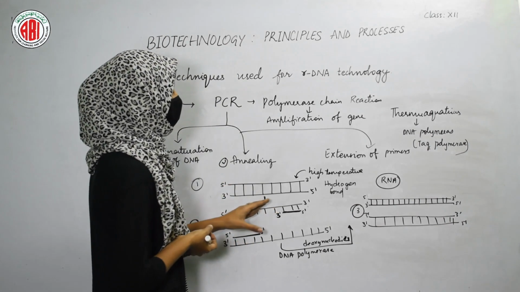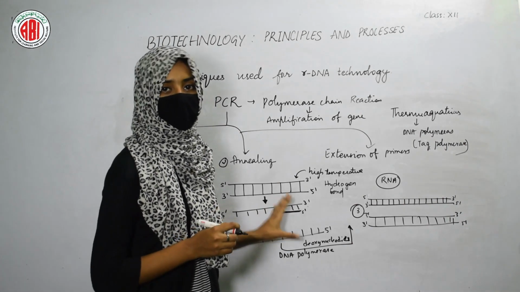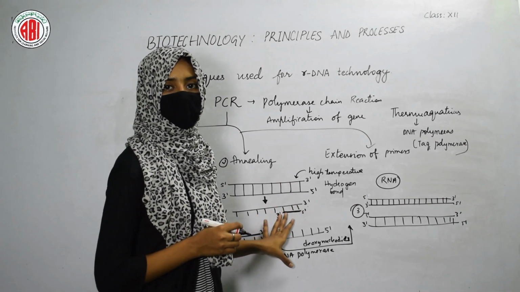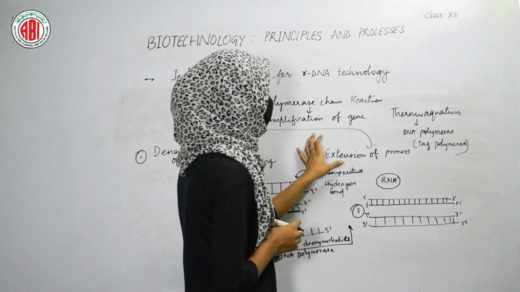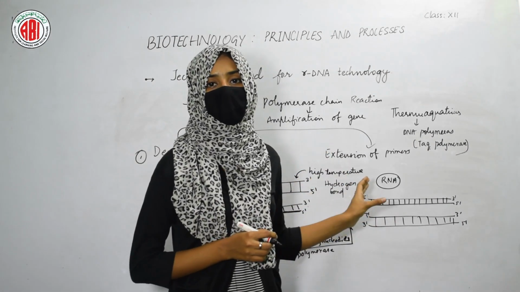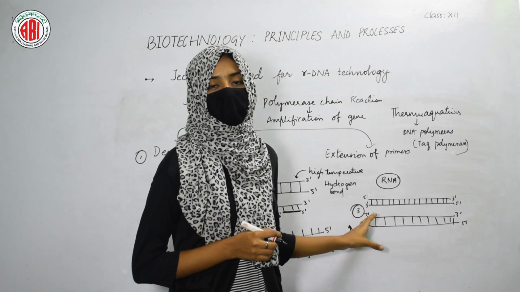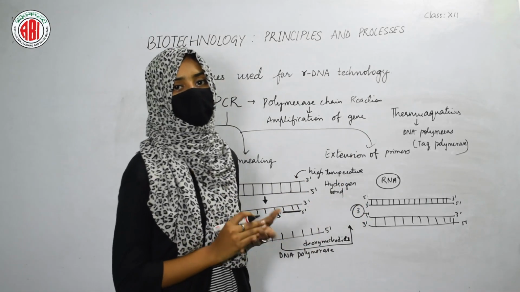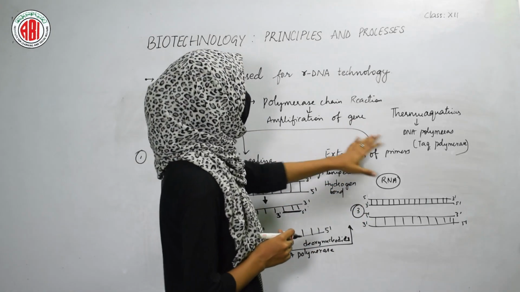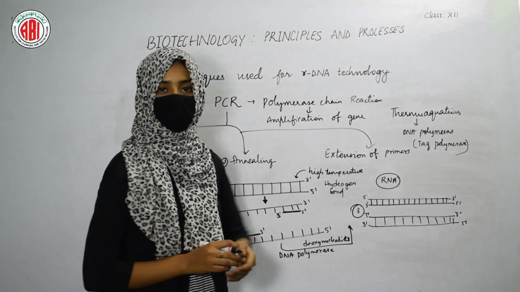The addition of anti-parallel RNA, that is, the primer, is called annealing. After the annealing, extension of primer takes place, in which nucleotides are added by the primer, and this results in the formation of 2 new DNA strands in the presence of an enzyme called Taq polymerase. So this is about the process called polymerase chain reaction.